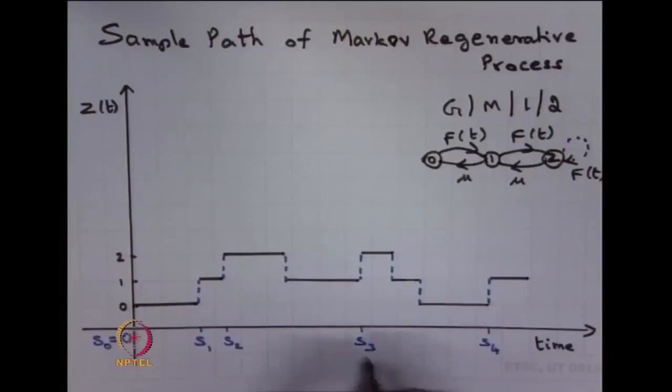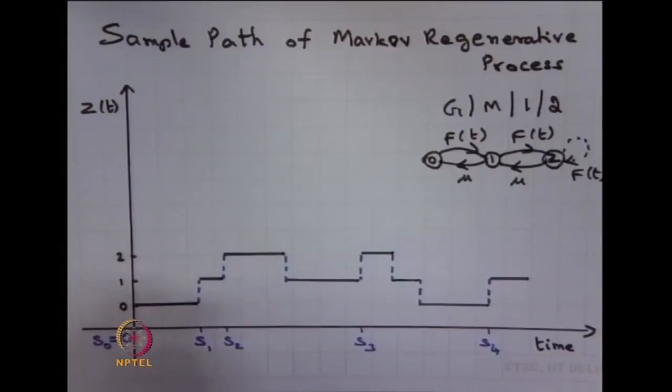Similarly, in between the time instances S3 and S4, the system was in different states in between these two time epochs. And in between, even though the transitions occur at those time points, the memoryless property was not satisfied, whereas at the arrival time epochs, the memoryless property is satisfied.